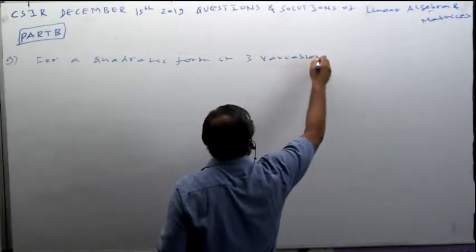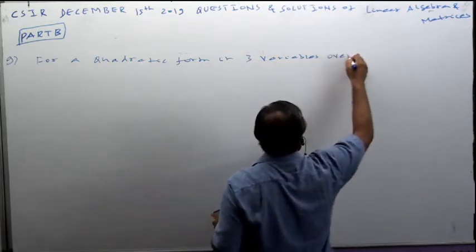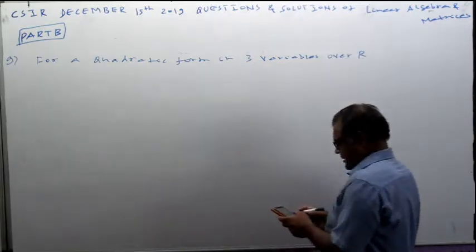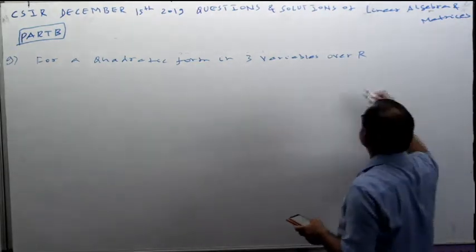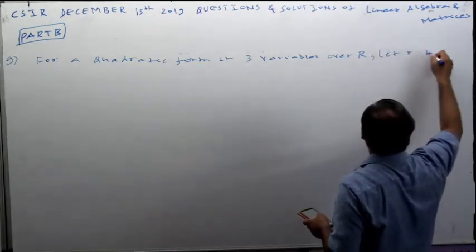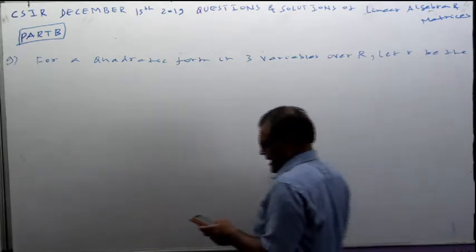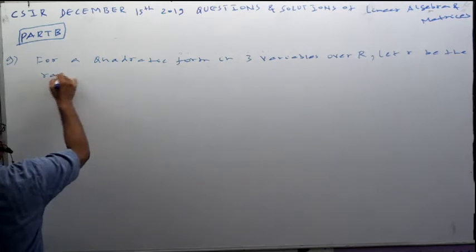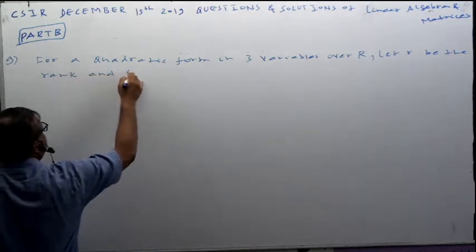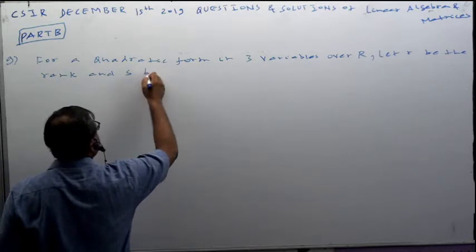For a quadratic form in 3 variables over R, let small r be the rank and small s be the signature.